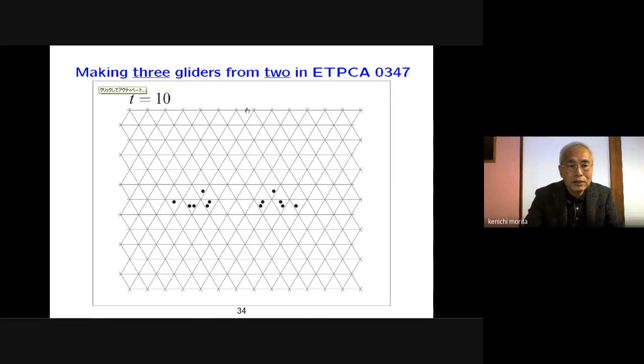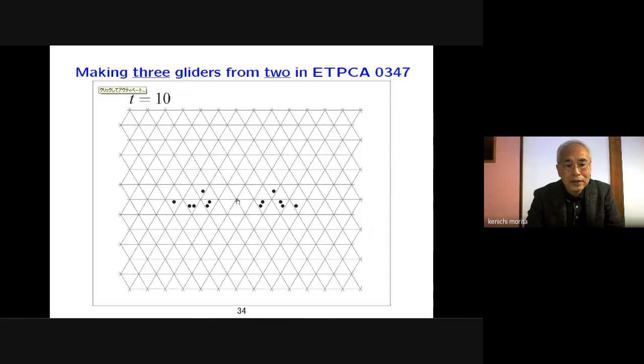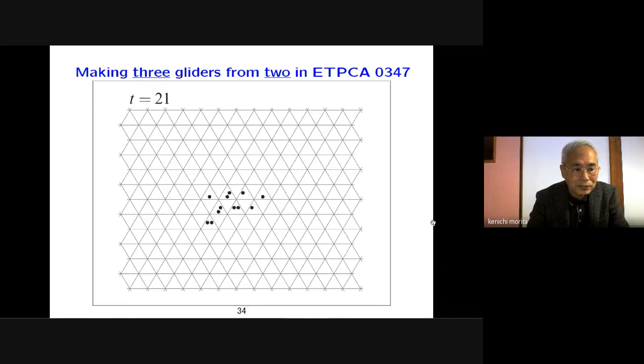On the other hand, colliding a glider with other glider, some interesting phenomena appear. From 2 gliders, we can construct 3 gliders, like this.